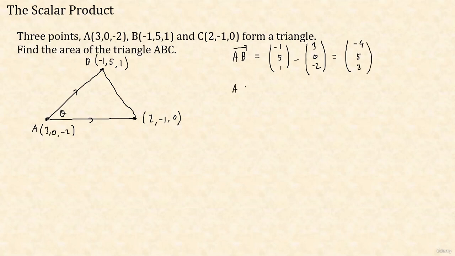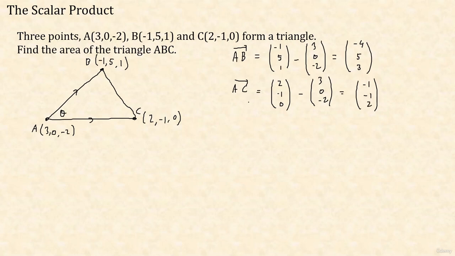And the vector AC is just the coordinates of C, 2, negative 1, 0. C is down here, by the way. Minus the coordinates of A, 3, 0, negative 2. So 2 minus 3 is minus 1. Negative 1 minus 0 is negative 1. And 0 minus negative 2 is 2.